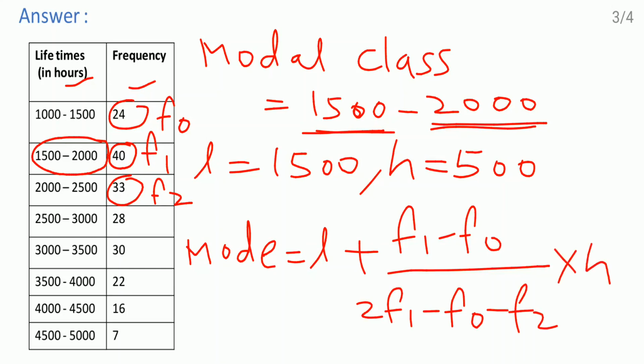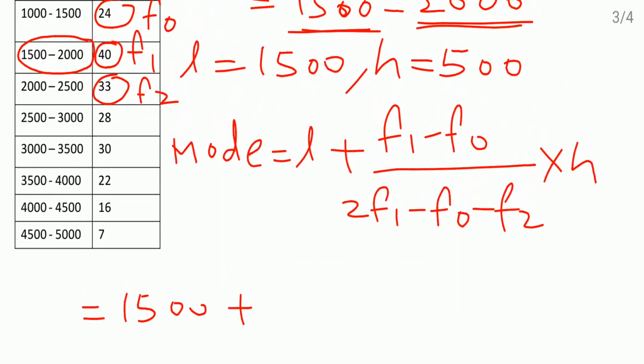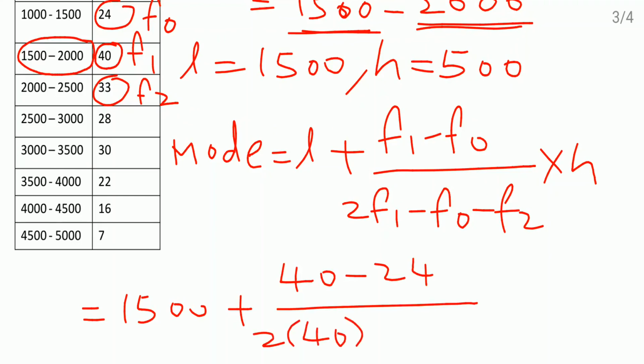Now we just need to substitute the values in this formula. L, lower limit, is 1500 here, plus F1, value of F1 is 40, minus F0, which is 24, divided by 2 times 40 minus 24 minus F2.